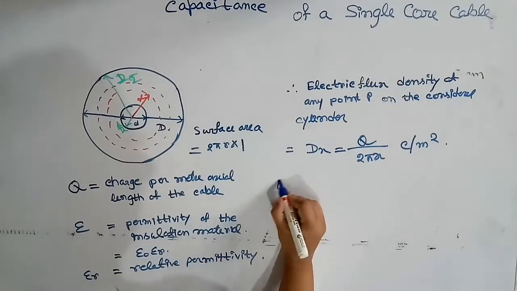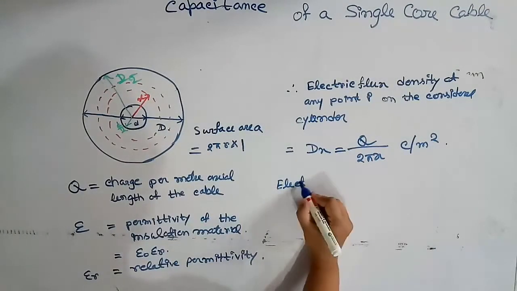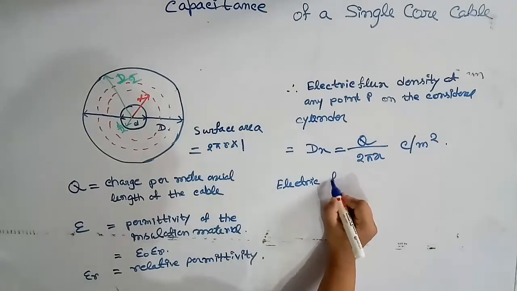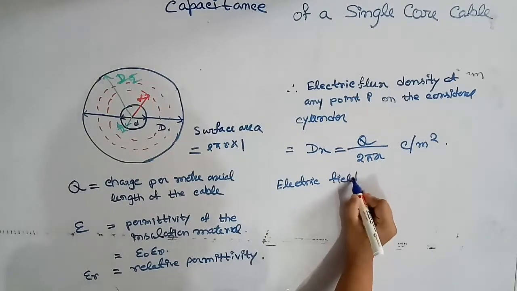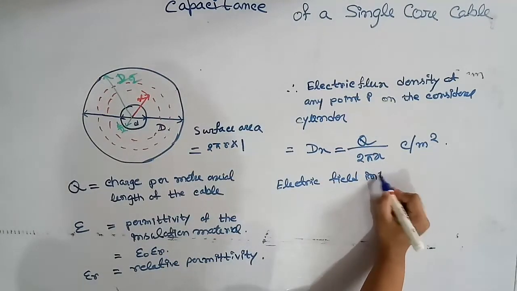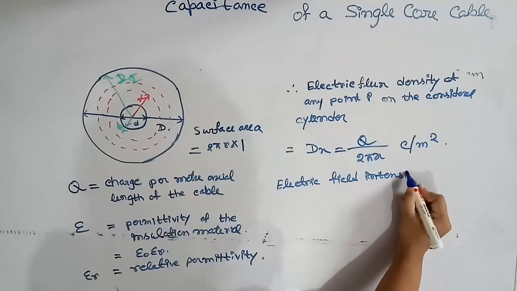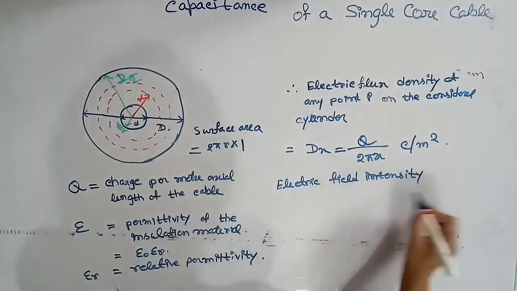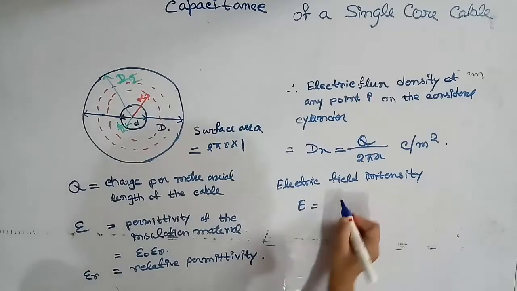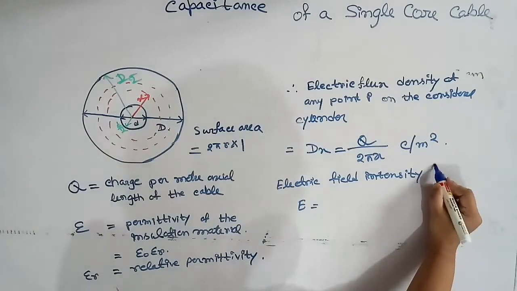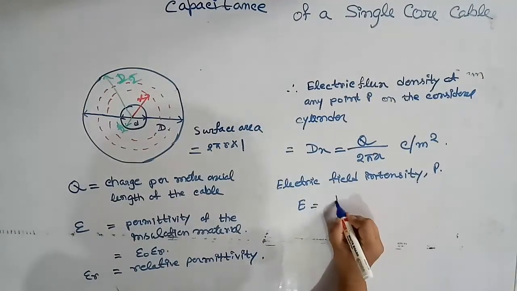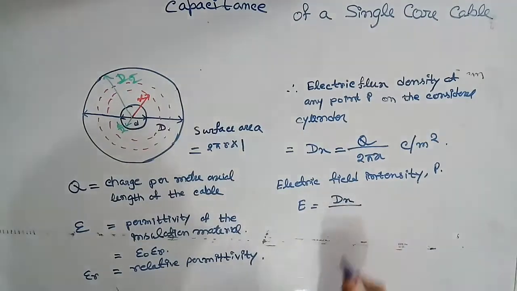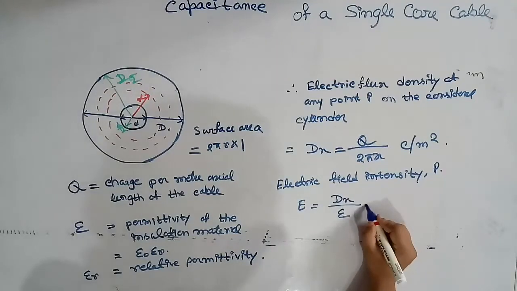Now what is the formula of electric field intensity at any point? Suppose at point P, Ex is electric flux density by permittivity.